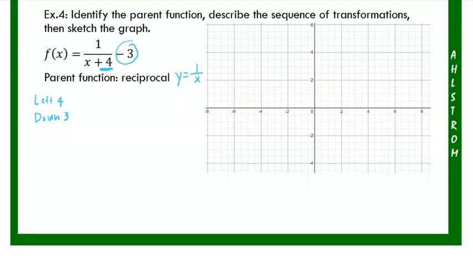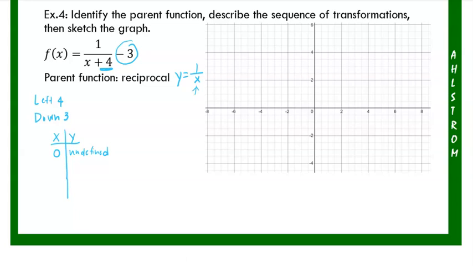Okay, so if I use my x and y values, I can use this table, and I'm going to actually include asymptotes too. So if I put a 0 in here, that is going to be undefined. That's going to be my vertical asymptote.